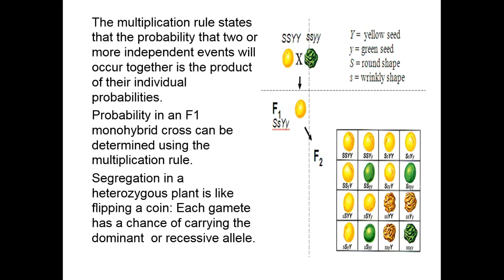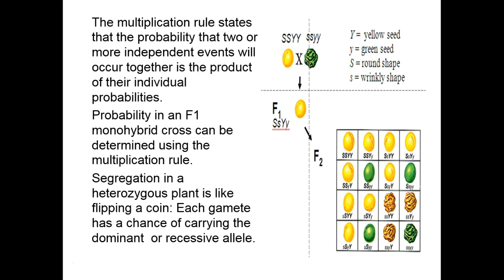Then there is a multiplication rule, and that multiplication rule is basically taking those percentages or fractions of the possibility of a particular phenotype being expressed via the genotype, and then multiplying those possibilities by however many traits the dihybrid cross is expressing.